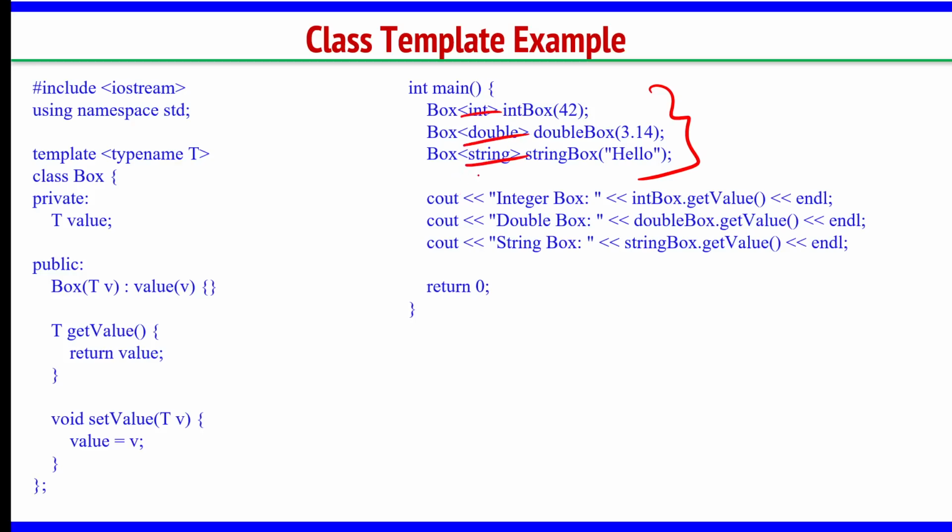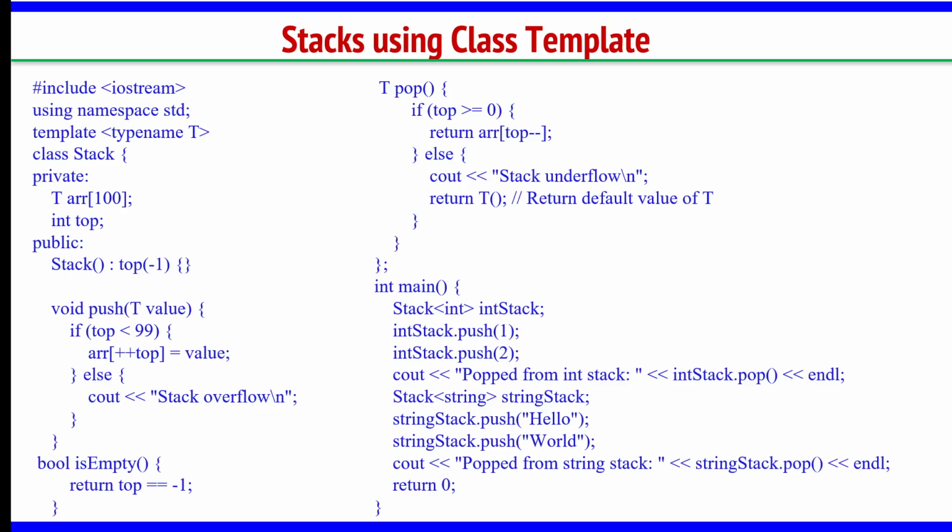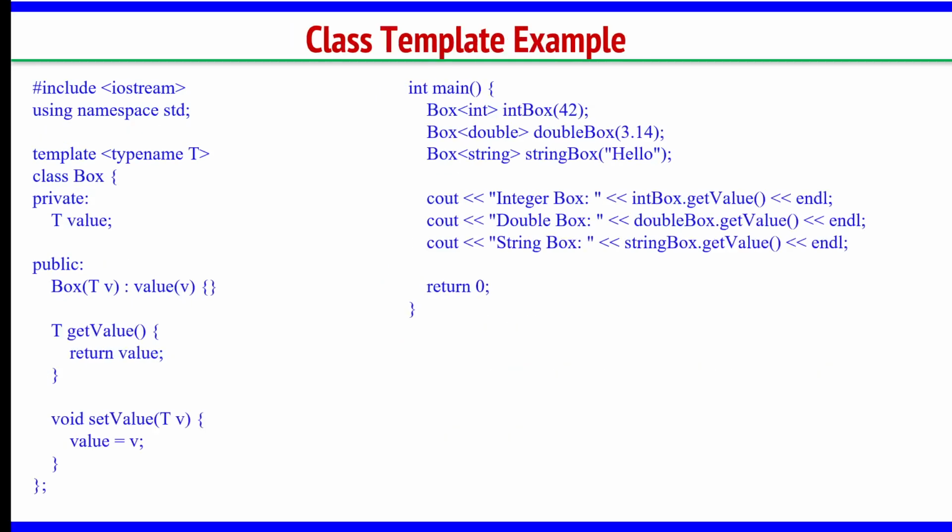And I am invoking those functions using that particular object. This int box and double box are the objects. Using these objects, we are invoking these particular functions inside the class, right. So, this is a simple example to understand how a class works with templates. Okay. Generic classes we are trying to create, right.